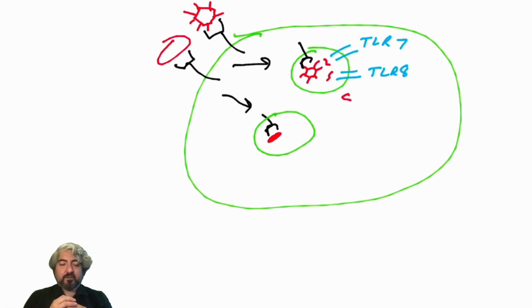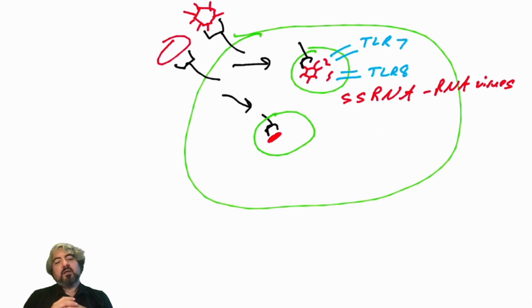So in vesicles within the cell, vesicles can express toll-like receptor proteins. So here I've drawn TLR7, which acts in a homodimer, and TLR8, also acting as a homodimer. So their ligand binding domain faces into the lumen of the vesicle, where the pathogen might be hiding or uncloaking, if it's a virus, for example, trying to replicate.